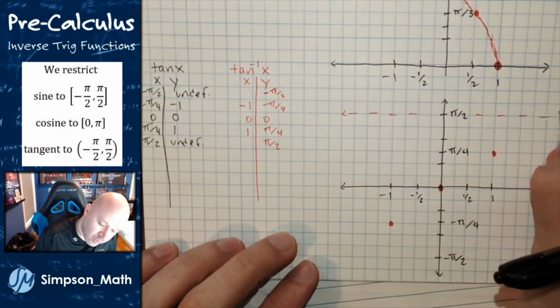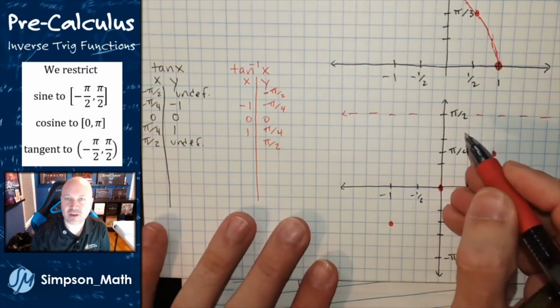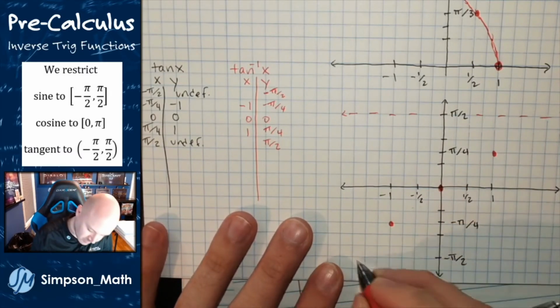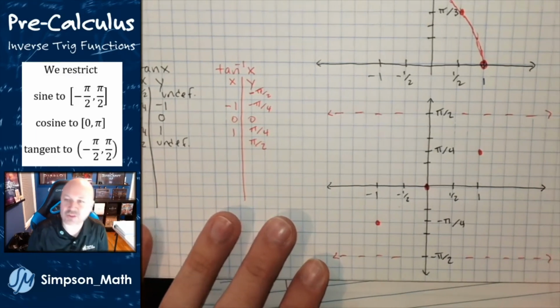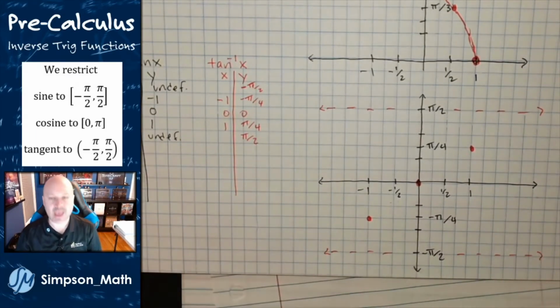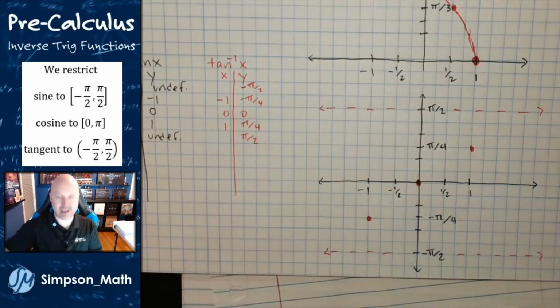I will still approach pi halves, I just won't touch it. I'll still approach negative pi halves, I just won't touch it. And I know how asymptotes help me with graphs. The graph tries to become the asymptote.